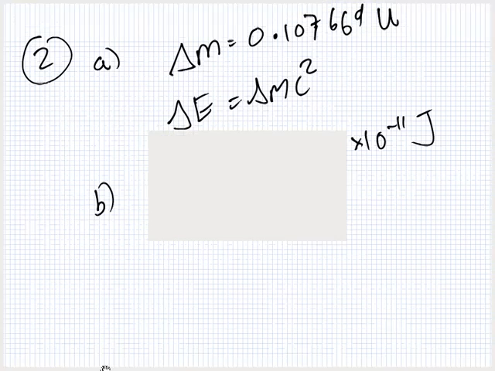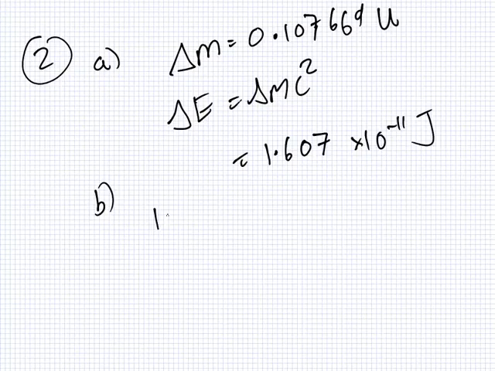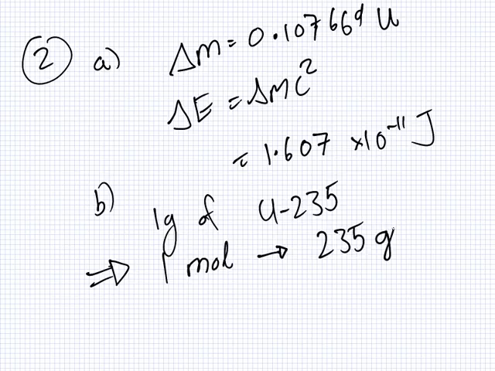Right, part C. How many nuclei are in 1 gram of, or how many moles are in 1 gram of uranium-235? So 1 gram of uranium-235. That means 1 mole is 235 grams.